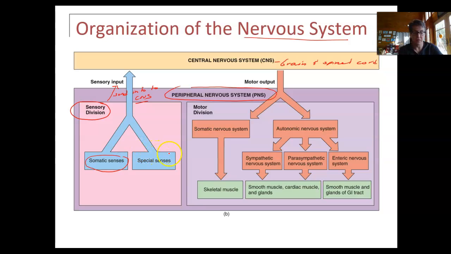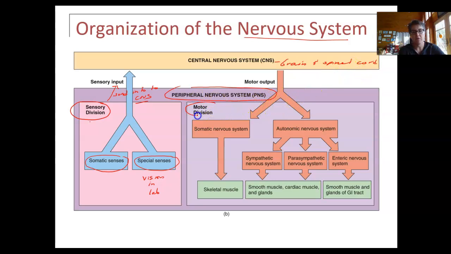We looked at those a little bit with the skin, the general senses: pressure, temperature, pain, touch, and that sort of thing. And then the special senses like vision, hearing, equilibrium, smelling, tasting, and we're gonna look at vision in lab, not in lecture. Vision is very complicated, and we're just gonna look at a little bit of it. So that's the sensory division of the peripheral nervous system, which is everything other than the brain and spinal cord.